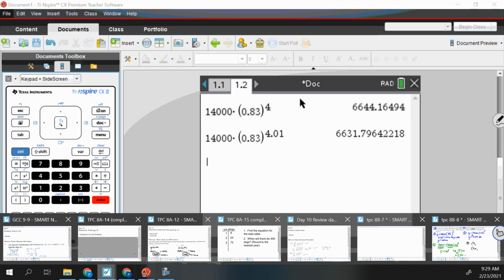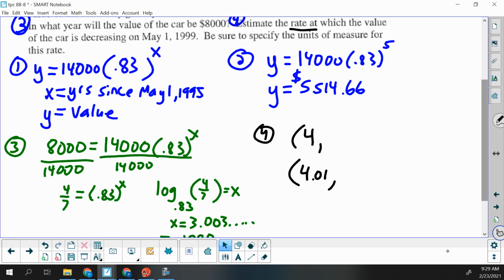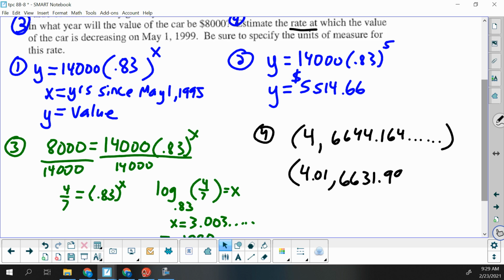So going back over here, our y values, we have 6644.164 dot dot dot. Okay, we need to make sure we keep these all the way out. Don't cut them off early. 6631.796 dot dot dot.